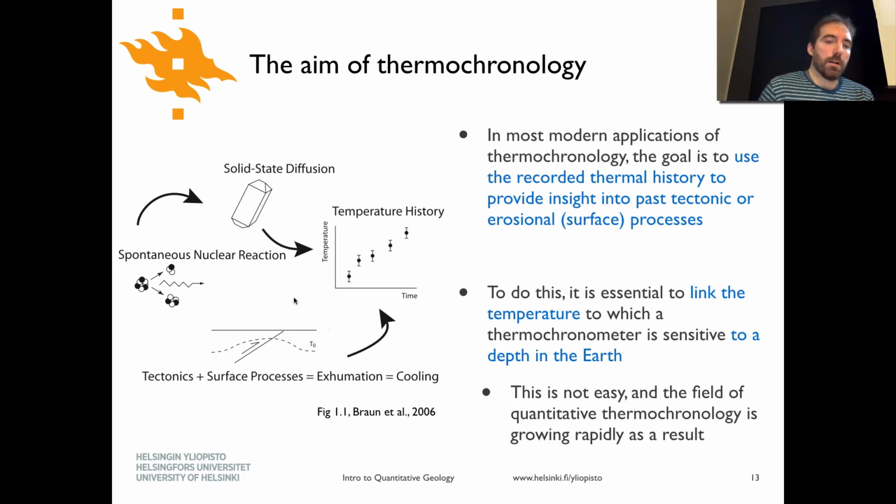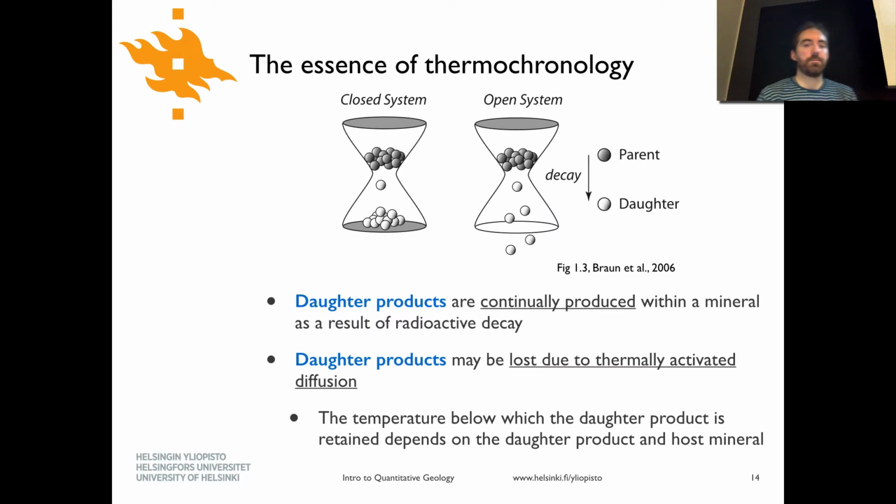What it relies upon, as we'll see again a bit more later in the lecture, is linking some temperature in the Earth's surface or beneath the Earth's surface to a depth in the Earth. And then that allows us to figure out, well, if this rock was down here at this temperature, which might be represented by the dashed line here, some time ago, we could figure out how long it took for the rock to come from this depth up to the surface.